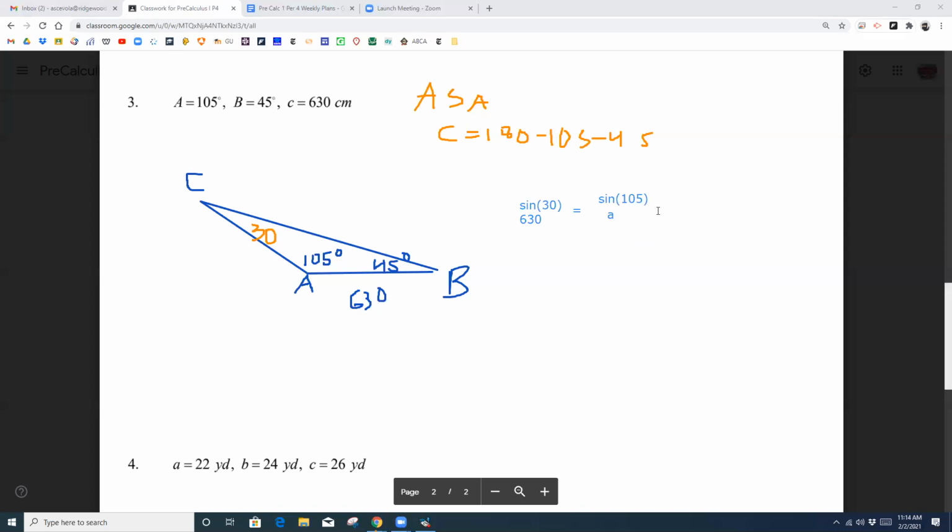And then you could set the sine of 30 over 630 equal to the sine of 45 over the side across from it. And then that's how you find those two. So I won't waste your time because I'll assume you know how to do that. But if you want me to go over that later, just let me know.